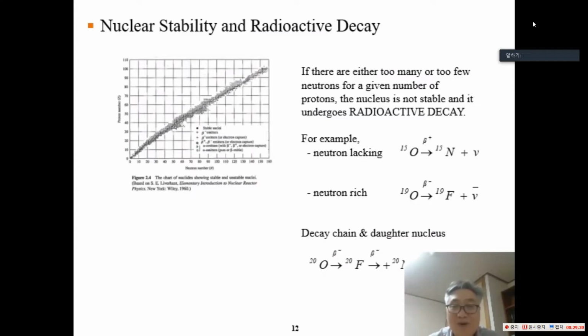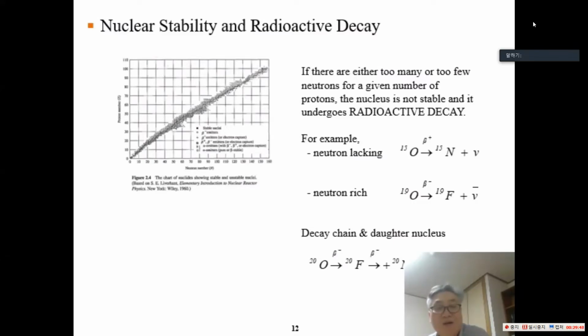But actually, we have to look at the figure because it contains a lot of information, more information than text.